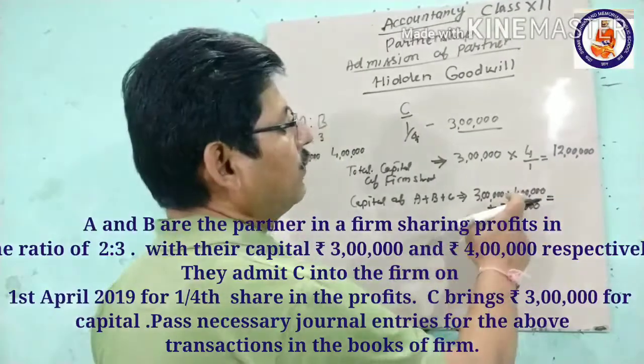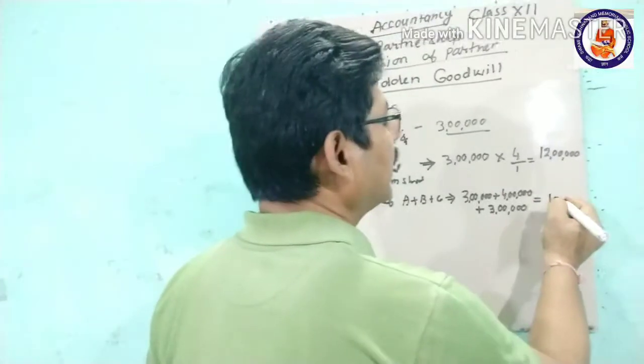Total 3 plus 4 is 7, and 3 more is 10 lakhs. So 10 lakhs is the total capital.